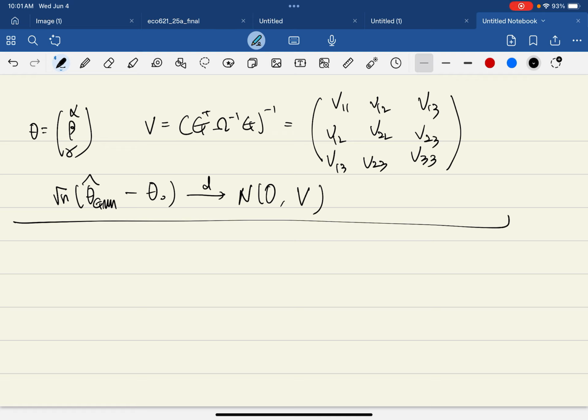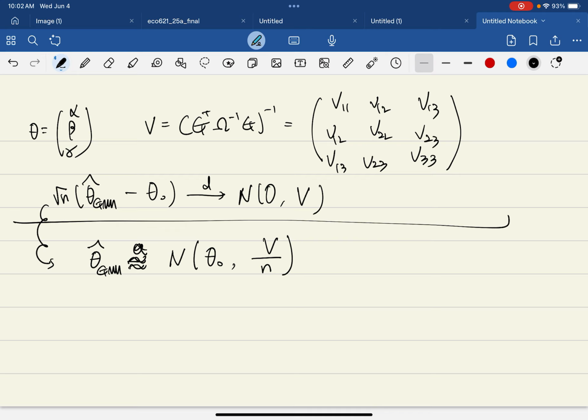I will rewrite this as, so usually in an undergrad class I approximate this as theta hat GMM is approximately normal distributed with theta 0 comma V over N. Basically this is an approximation.